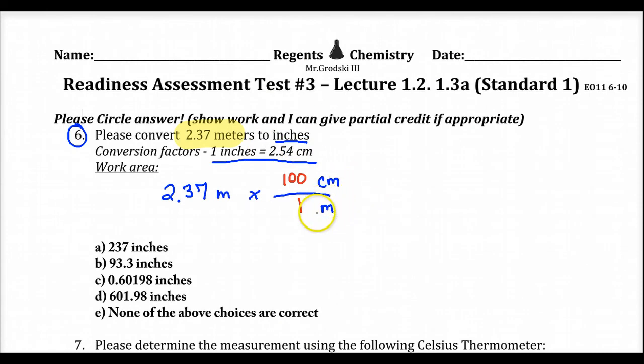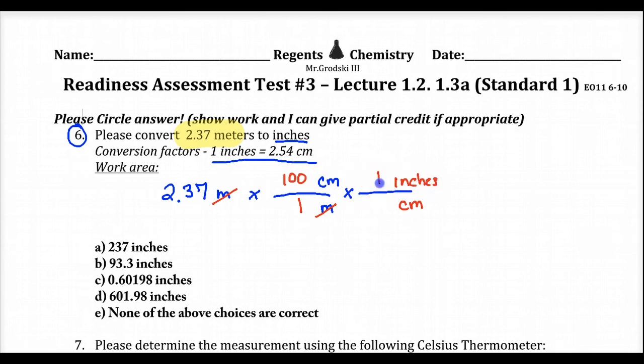Okay, we know that for every 1 meter is 100 centimeters, and you notice they want it in inches. So my friends in chemistry, I know that I set up the first exchange with meter on the bottom because it cancels, and now I want to get rid of centimeters to get to inches, so I put centimeter on the bottom, and I know inches has to go on top because that's the unit I want.